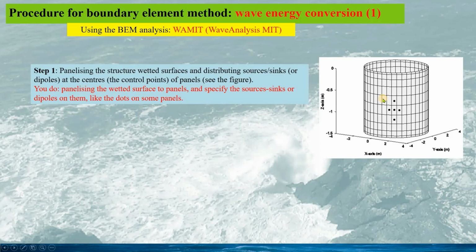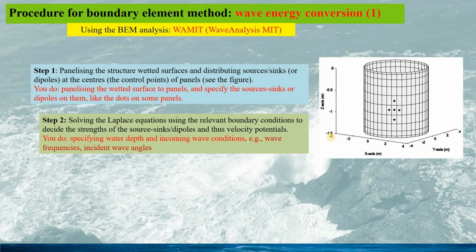You can specify whether sources or doublets are to be distributed, as seen by the dots on the panels. In most cases, sources are distributed, while doublets are only useful for some rare cases, for instance, for thin structures, for which both sides of the surface are wet.